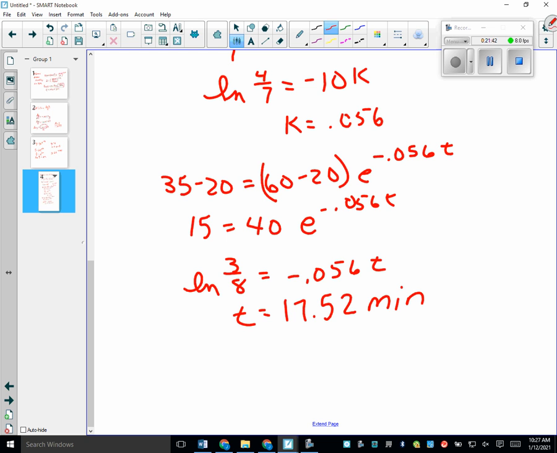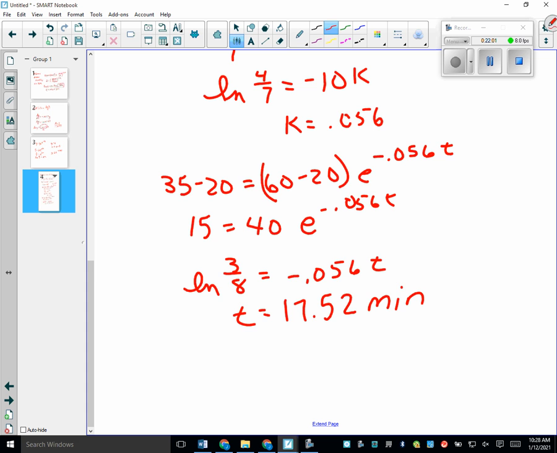Now, part B. Instead of being left to stand in the room, the cup of soup at 90 degrees was put in a freezer whose temperature is negative 15. How long would it take the soup to go from 90 to 35?